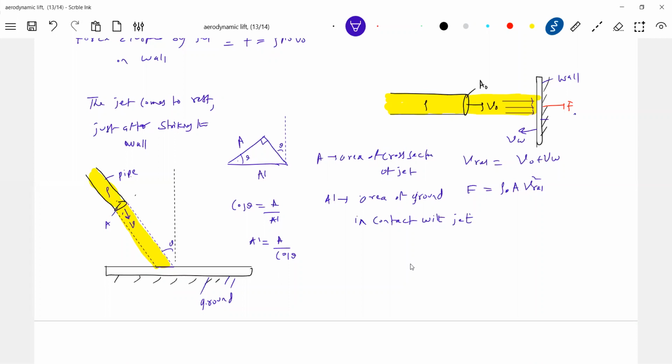How will that liquid exert a force? It will exert force normally, no? Or will it exert force in any direction? It should exert a force normally. So therefore the force exerted will be in this direction.